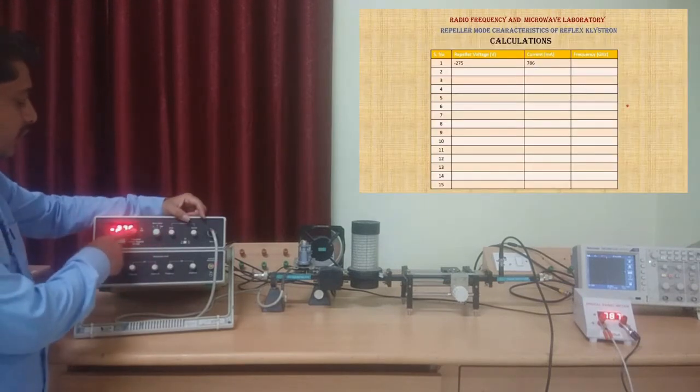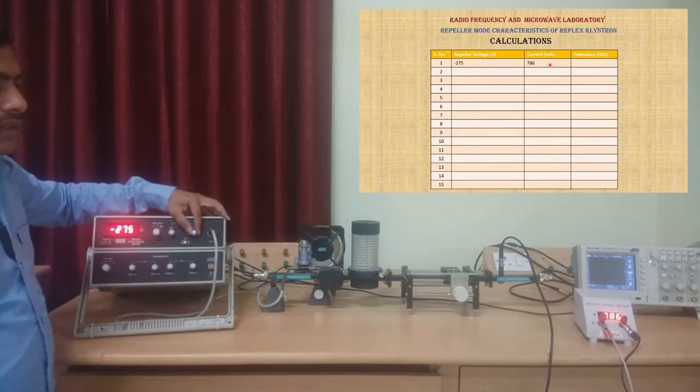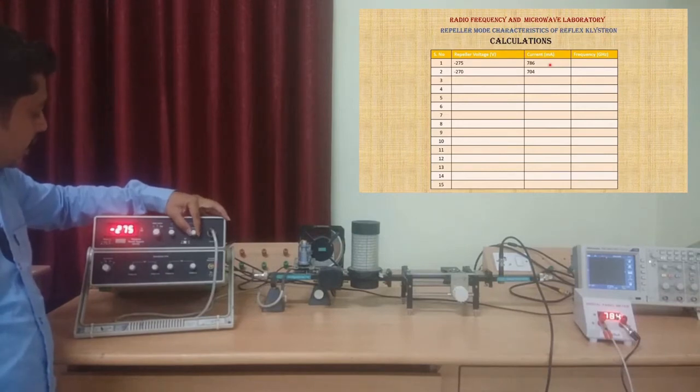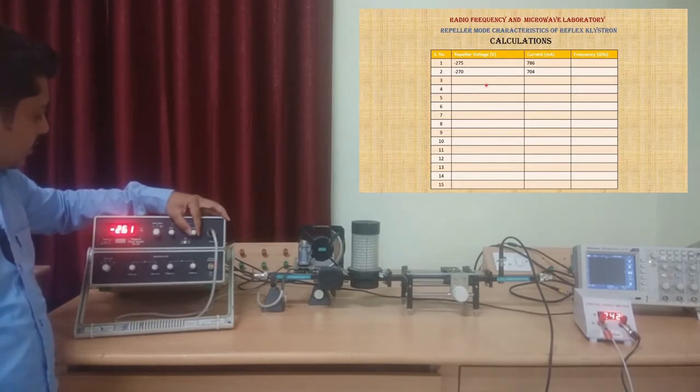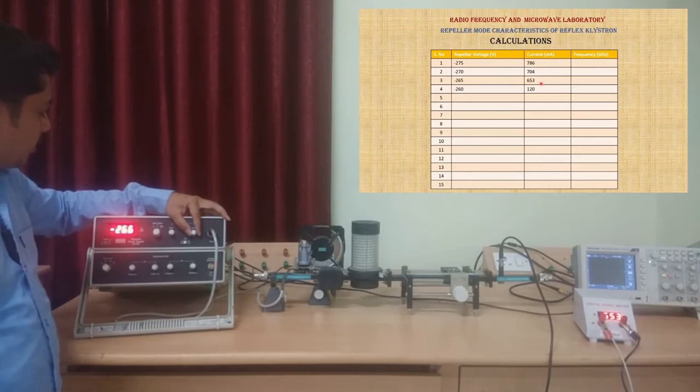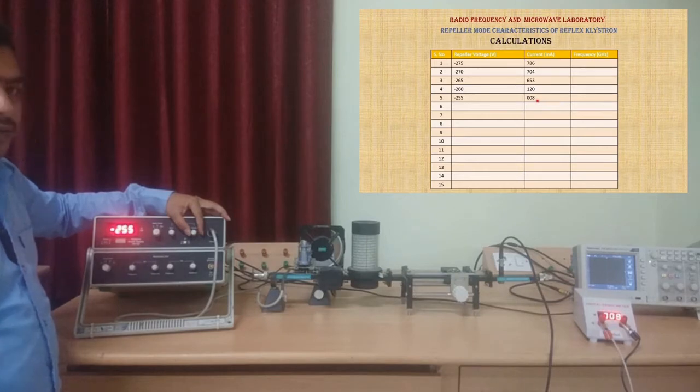So now it is 275 volts and current is 786. When I am changing it to 270, current is 705, and when it is 265, current is 550. When it is 260, current is 125, and when it is 255, current is 008 microamps.